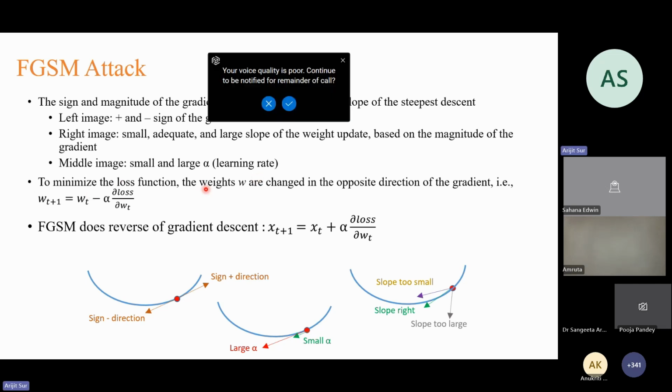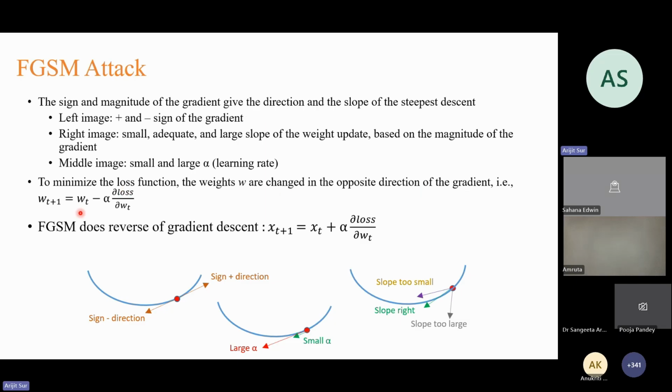To minimize the loss function, weights are normally changed in the opposite direction of the gradient, but FGSM does the reverse: the gradient is not minus, it is plus.